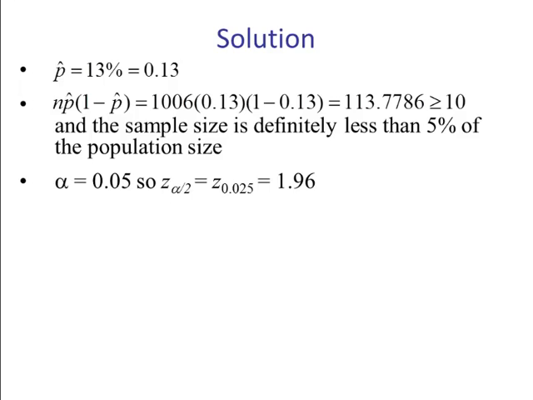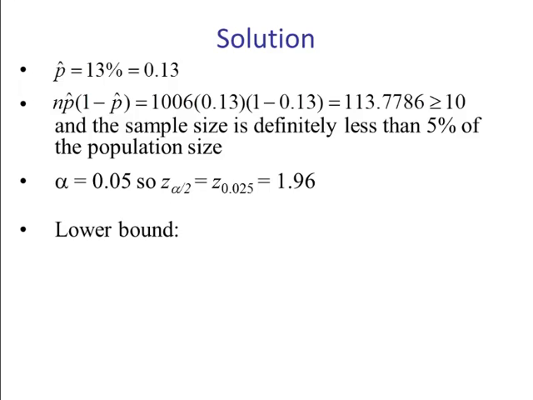Alpha is 0.05 because we are doing a 95% confidence interval. So Z alpha over 2 becomes Z 0.025, 2.5%, which we look up on table 5 and we see that the value is 1.96.